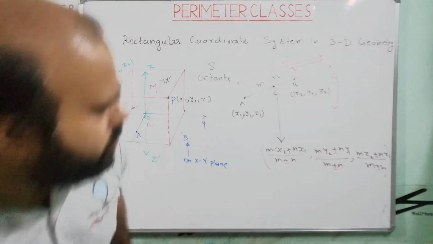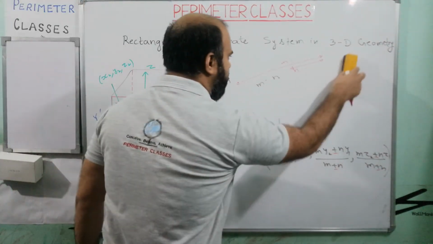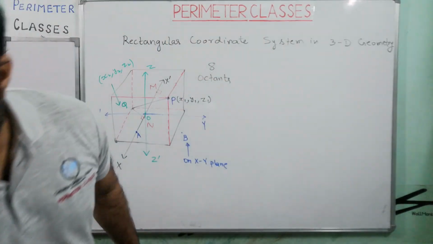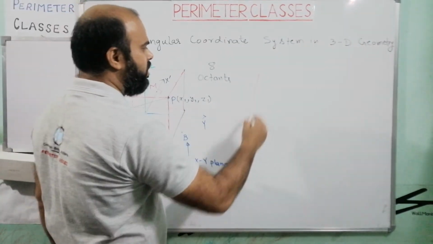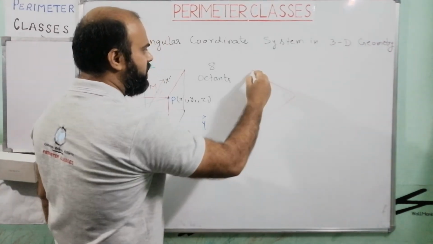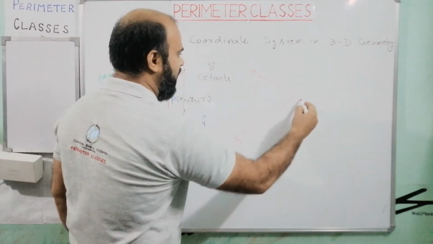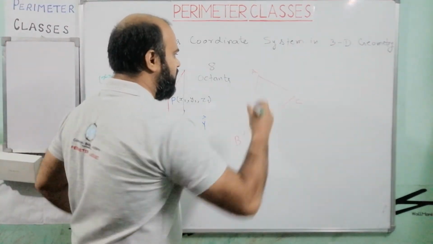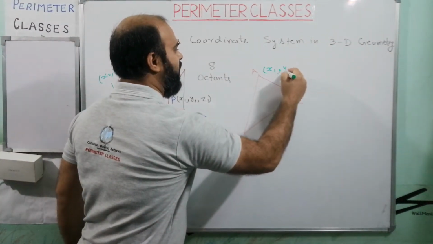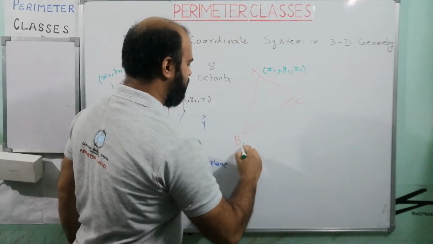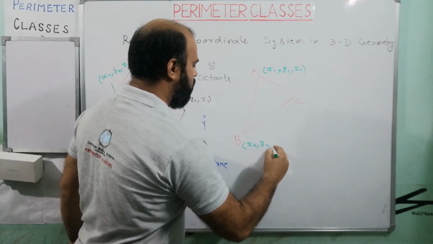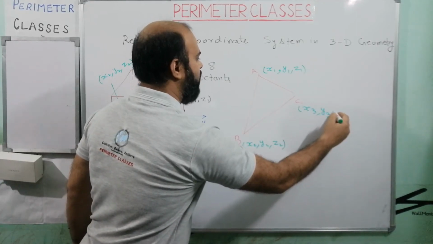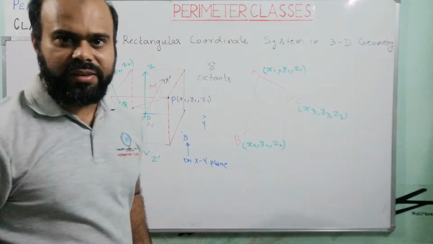Okay. Now we come to the centroid of a triangle. If we have been given 3 vertices of a triangle, let us name them x1, y1, z1; x2, y2, z2; x3, y3, z3.